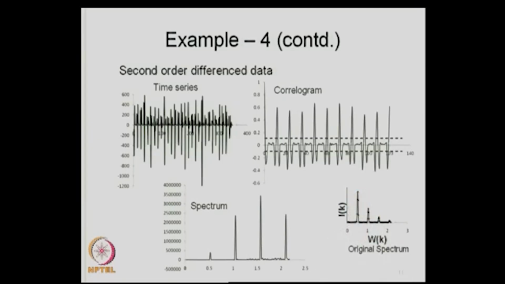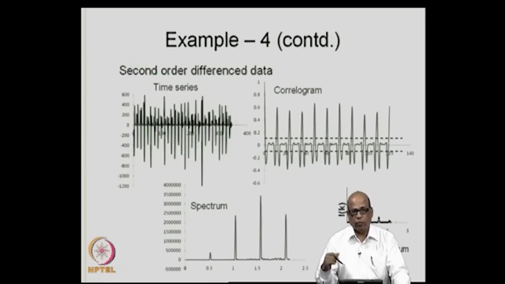And let us examine what happens in the third order differencing. Because we are not satisfied with what we did in the second order differencing, we go to the third order differencing. What do I do in the third order differencing? I take x double dash t minus x double dash t minus 1. So, in the first order we take x t minus x t minus 1, in the second order we take x dash t minus x dash t minus 1, and we call this x double dash t, which is the second order differencing.